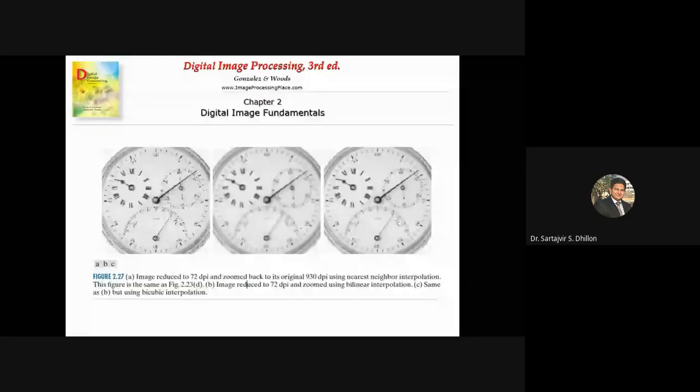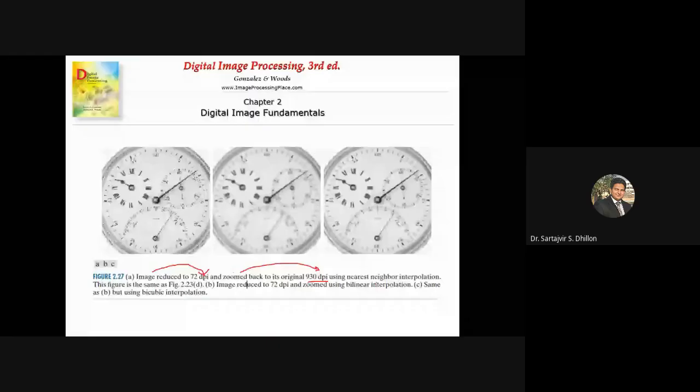Here is an example. The image is reduced to 72 dpi, then zoomed back to its original dpi, that is 930 dpi, using nearest neighbor interpolation. You can check it here.